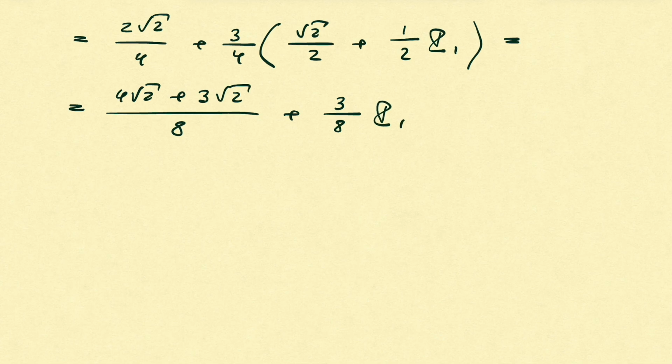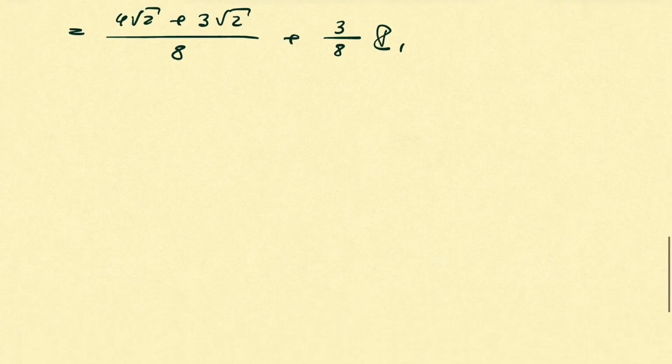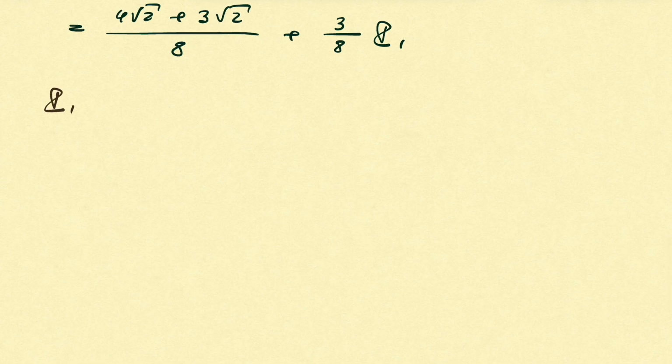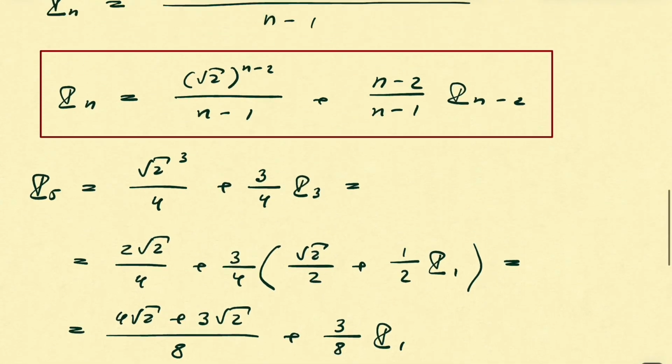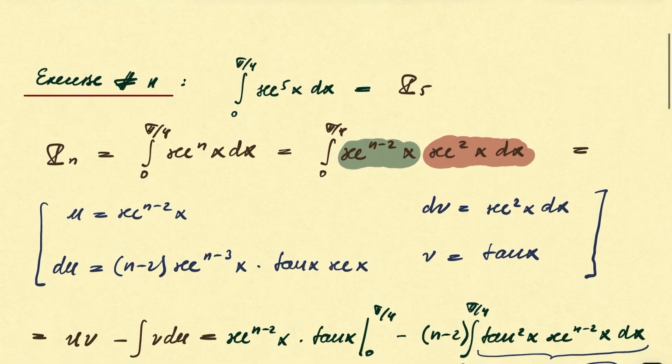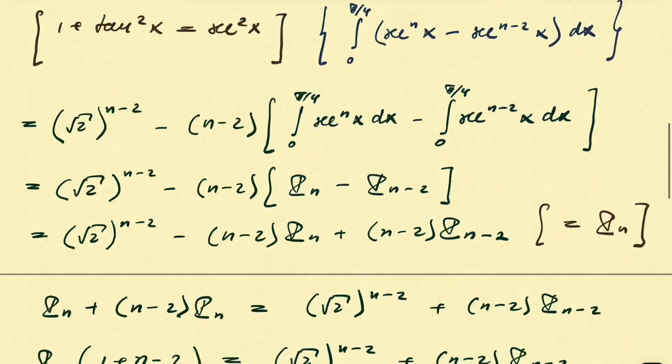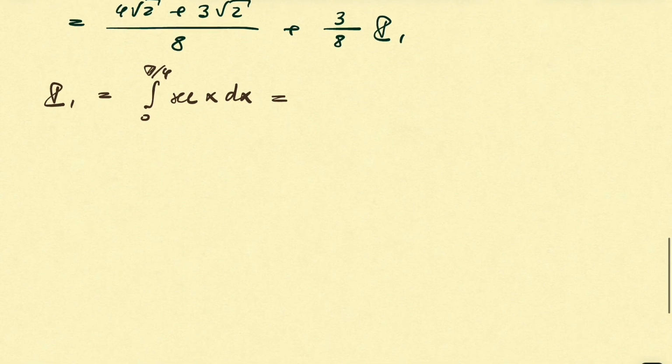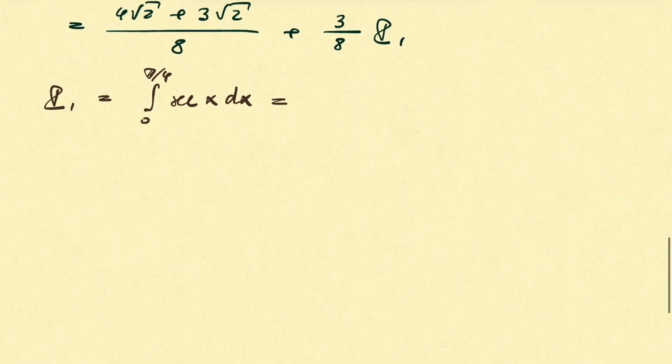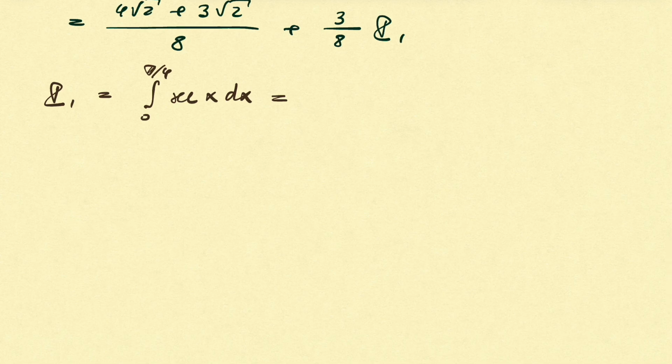Now let's compute I1. From our definition, I1 is the integral from 0 to pi over 4 of secant of x dx. Is it? Yes, it is. Well, the integral of secant x is also a table value that you should remember.